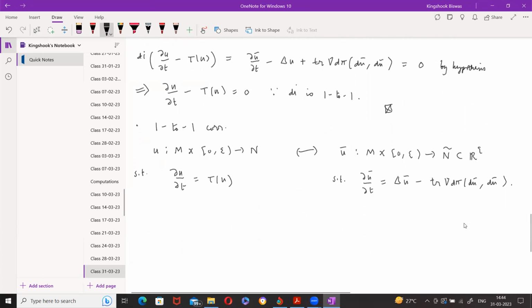Fine. So let's call this PDE A and let's call this PDE B. So we have a one-to-one correspondence between solutions of A and solutions of B. Is this clear? Yes?